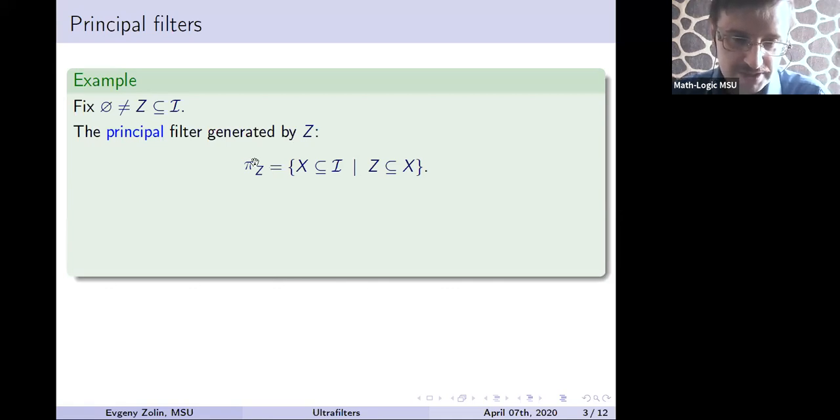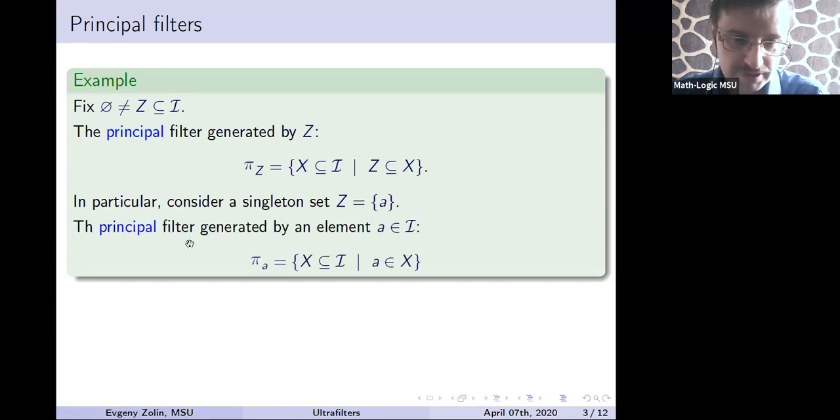If we consider a special case where Z is a singleton, it contains only one element, A, then such a filter will be called a principal filter generated by an element and will be denoted by pi A. All sets that contain this element.